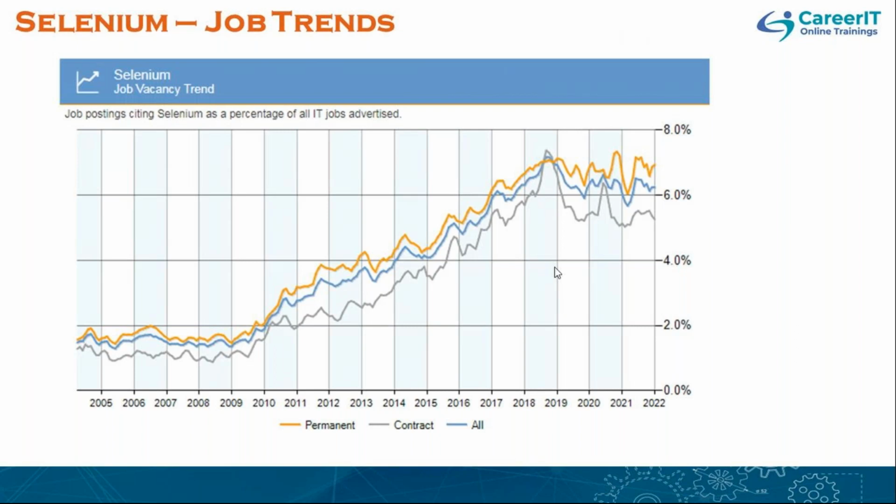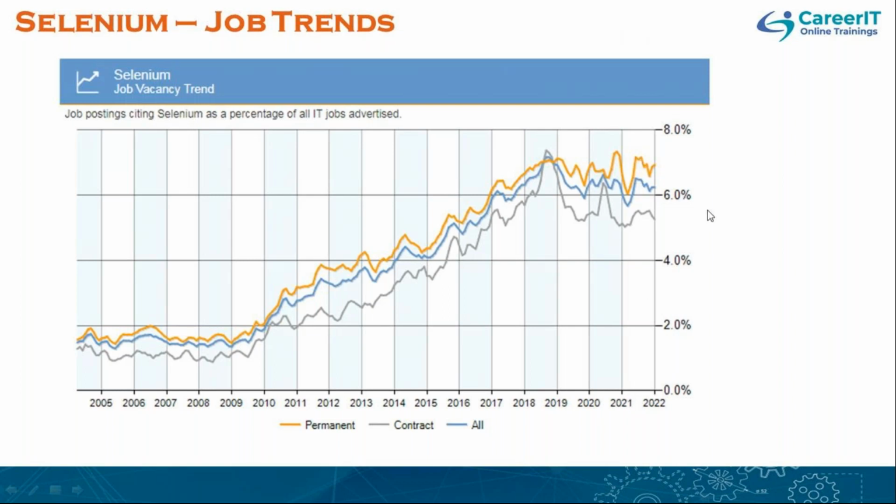As part of that, they have done an extensive survey on how the permanent and contract jobs are evolving from 2005 till 2012. Okay. If you see the graph, it has been increasing like this. That means there are multiple jobs available in the market for Selenium test automation, guys, because that's where the job trend is also increasing. Like in 2020, very few jobs were there, but if you see 2021 and 22, it has increased.